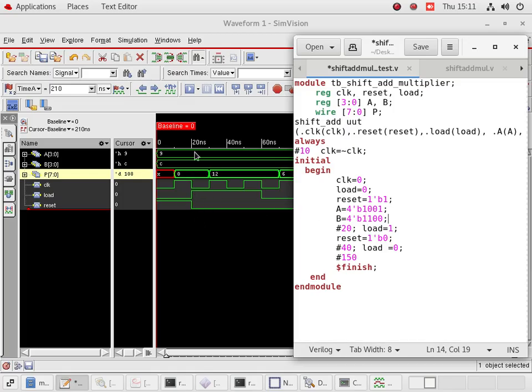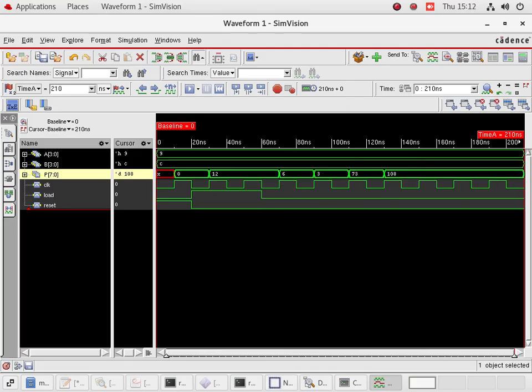Then at 20 nanoseconds the load becomes 1, wherein the M and Q values are taken. Then at 60 nanoseconds the load becomes 0, with the reset being 0. When reset and load are 0, the multiplication happens.